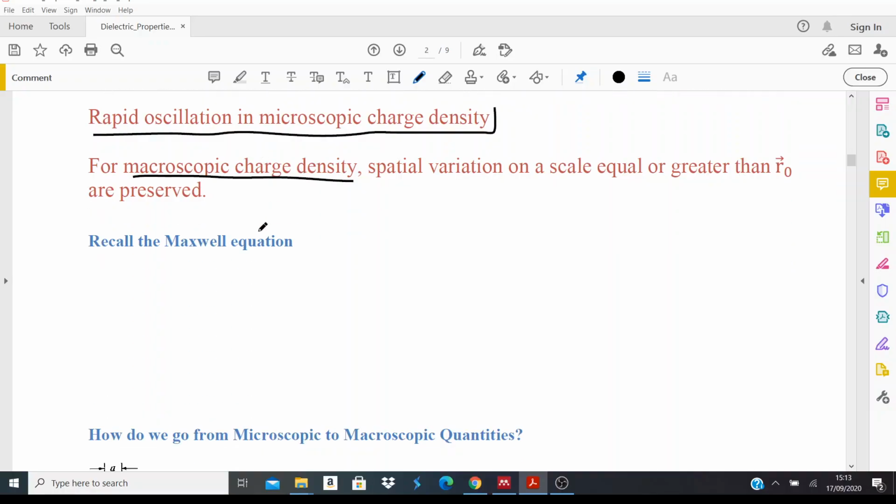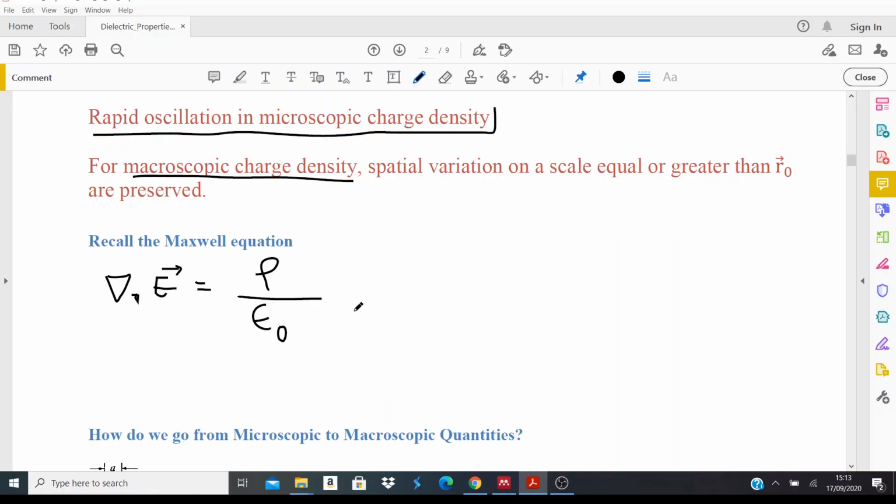And recall, you have written Maxwell's equations in your different courses many times, right? Let's say the first one: the divergence of the electric field is nothing but the total charge density divided by epsilon. We have discussed this equation many times in this course, but we never asked the question, what sort of charge density and what sort of electric field are we really talking about.